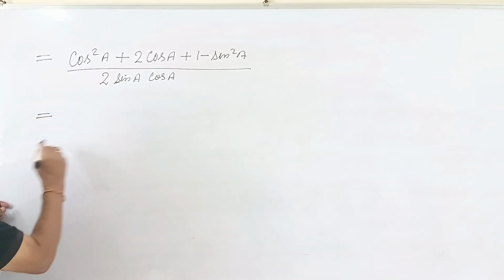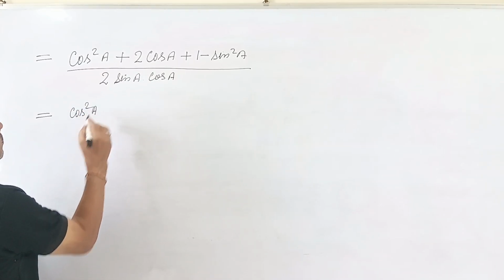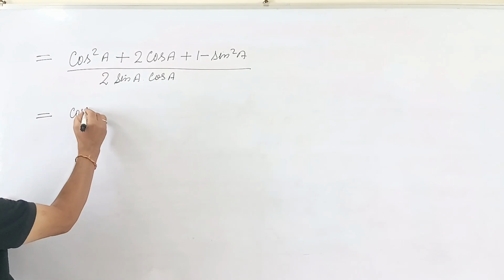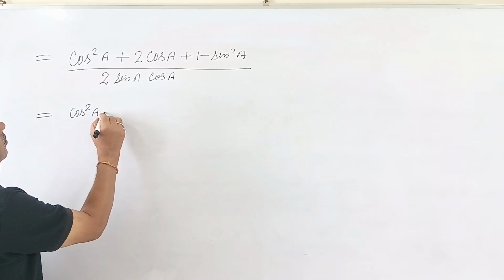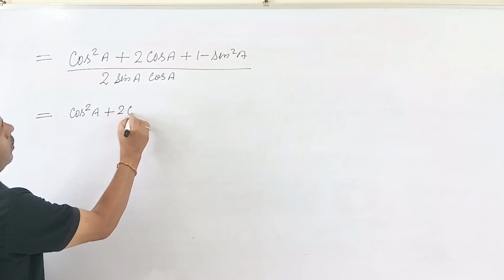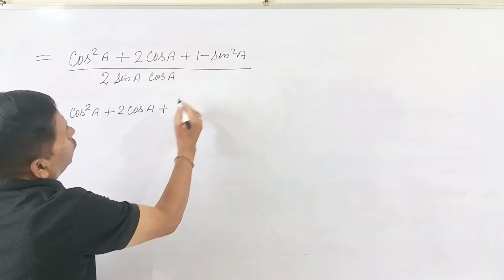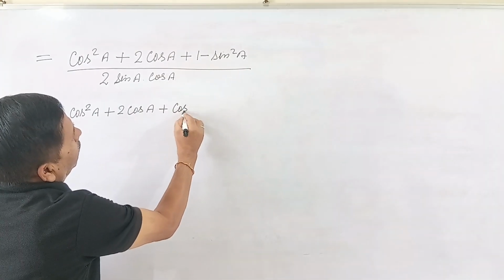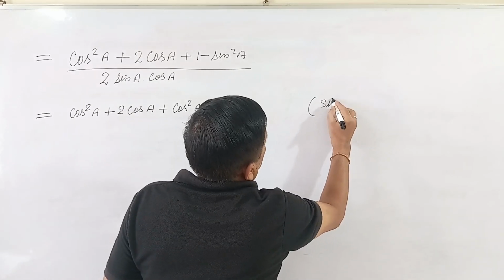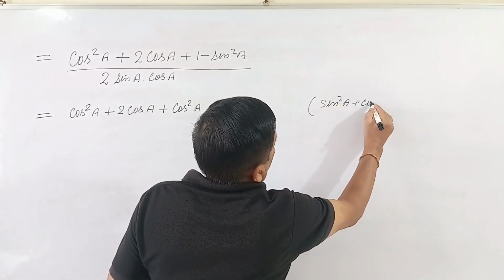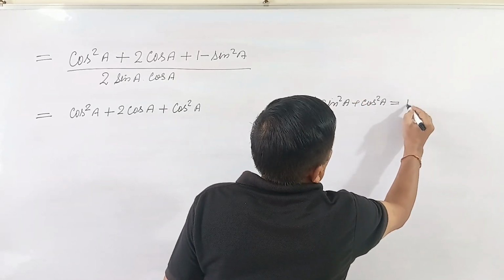So this comes out to be cos square A plus 2 cos A plus 1 minus sin square A. Now the identity is sin square A plus cos square A equals 1.